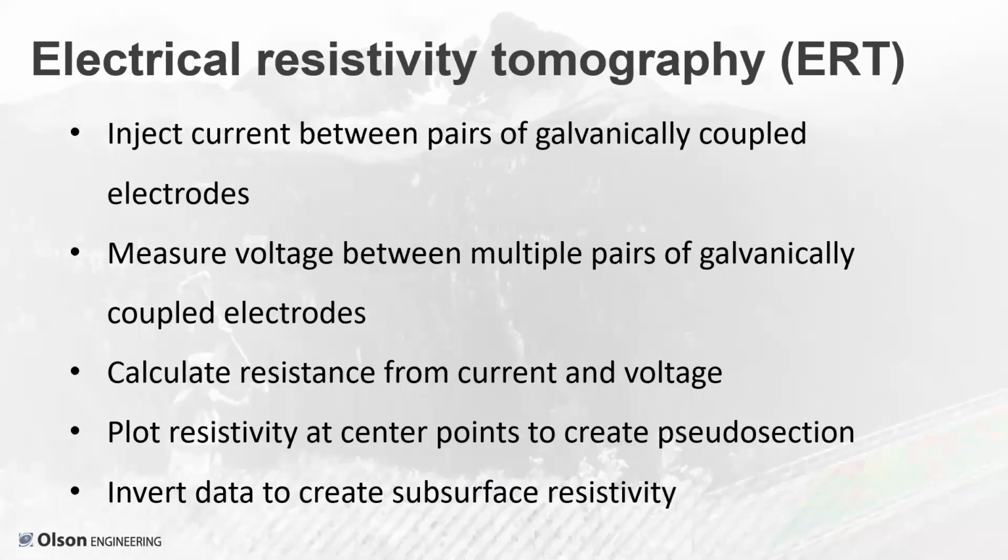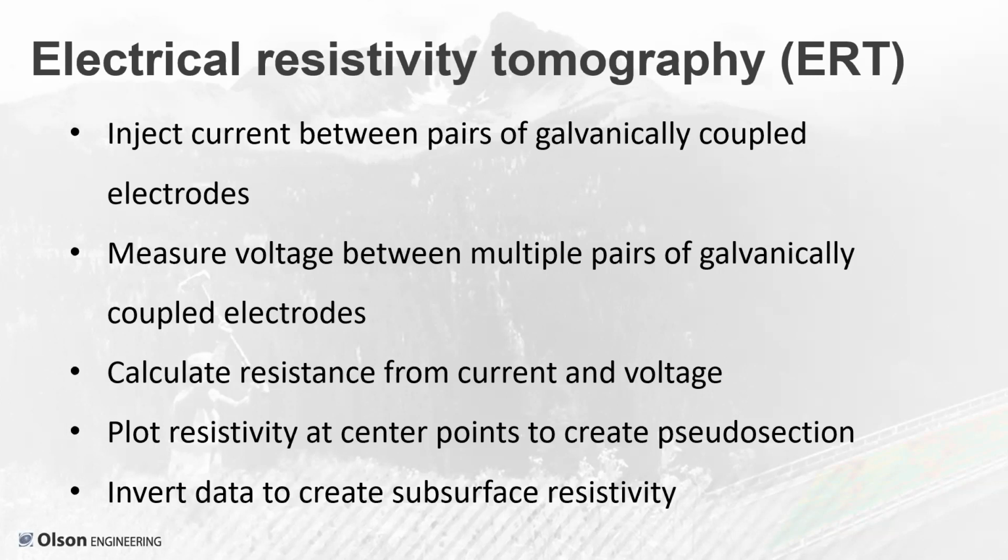So the next method that is very applicable to embankment dams is electrical resistivity tomography. With ERT, we inject current between pairs of galvanically coupled electrodes. That means two metal rods that are pounded into the ground. We measure the voltage between multiple pairs of galvanically coupled electrodes, depending on the system you're using.